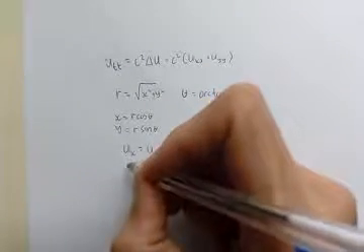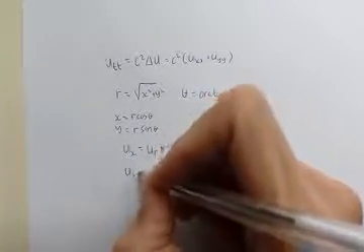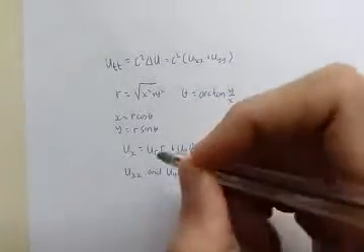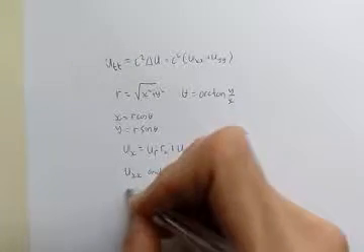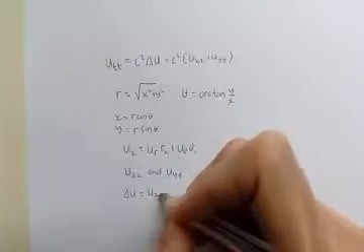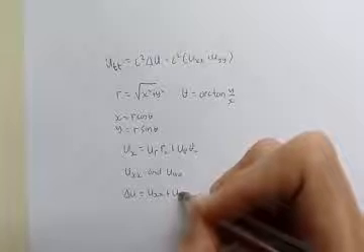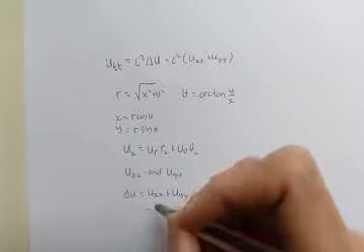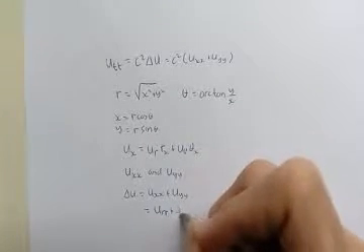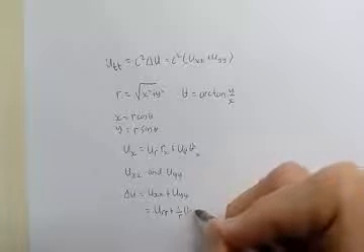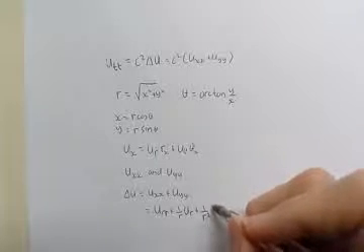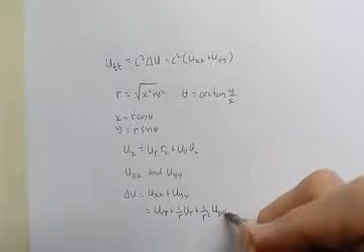And then we find the second derivative of u with respect to x and with respect to y, and we'll have the Laplace equation: the second derivative of u with respect to x plus the second derivative of u with respect to y equals the second derivative of u with respect to r, plus 1 over r multiplied by the first derivative of u with respect to r, plus 1 over r squared multiplied by the second derivative of u with respect to theta.